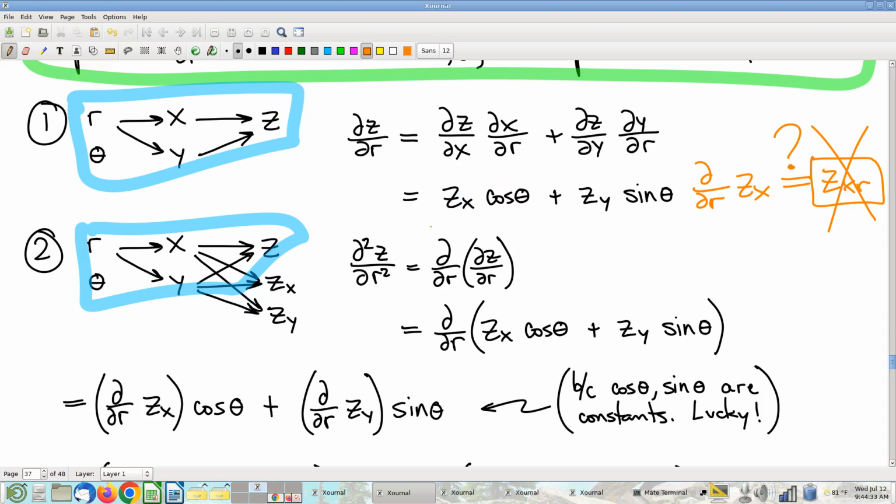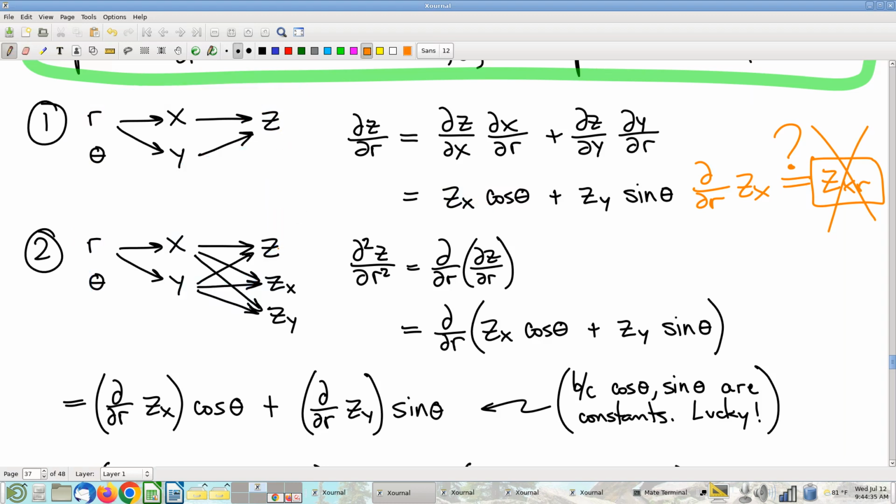Because writing zxr suggests that z is a function of a collection of variables that includes both x and r. So this presumes that z is a function of 4 independent variables. And they're not. They just aren't independent.